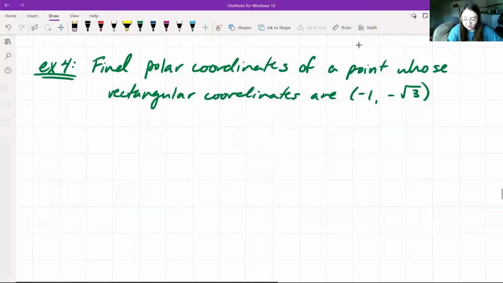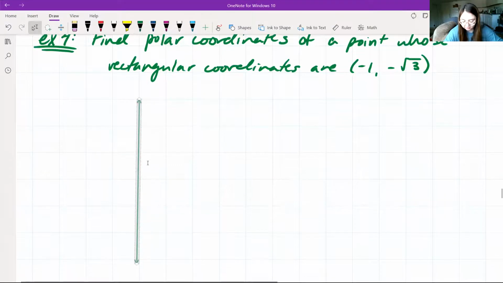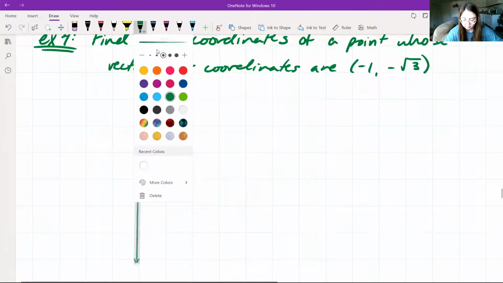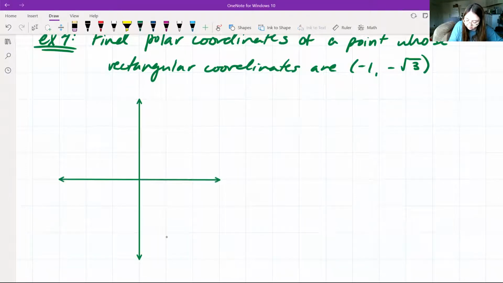So let's go ahead and draw this out. Now we have our plane, this is our x y plane here.